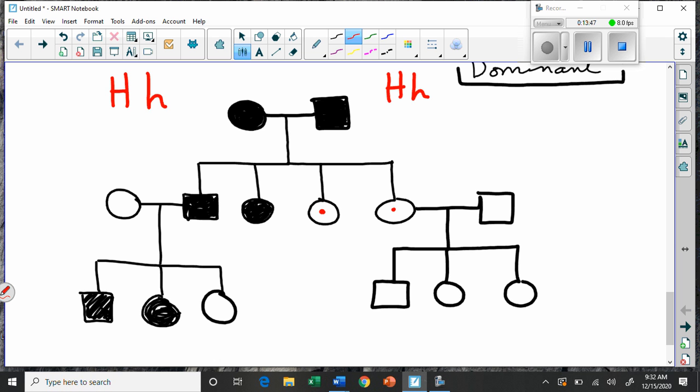So in this daughter and this daughter, it's clear that that's what happened, and they do not carry or have Huntington's disease. Whereas for these 2 children over here, obviously it was either the 2 capital H's or a capital and a small, the dominant and recessive, that got together. So see, we can use the pedigree to figure out genotypes of certain people in certain conditions.